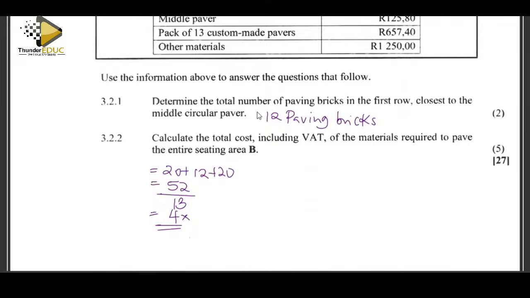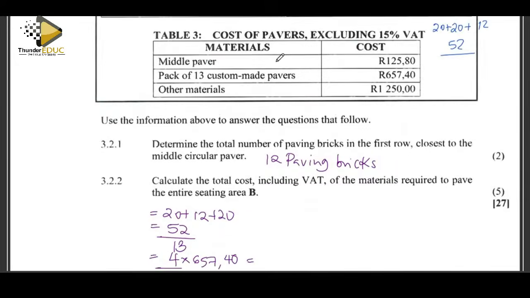So how much is one box? It's 754. Okay. We are looking for money now, so the answer here would be in money. What else do we need to consider? The middle stone there, the middle paver. How much is it? 120. 2580.